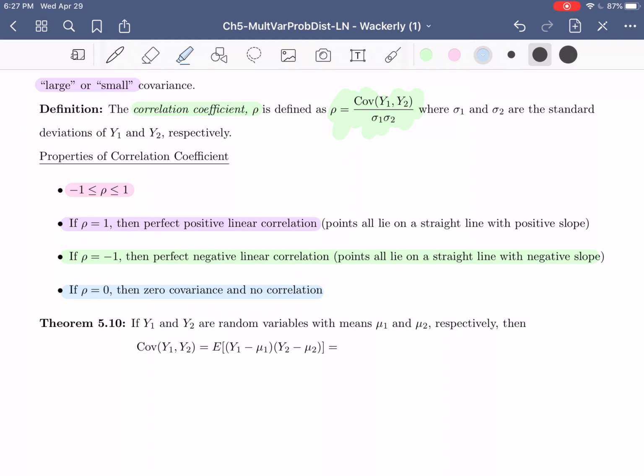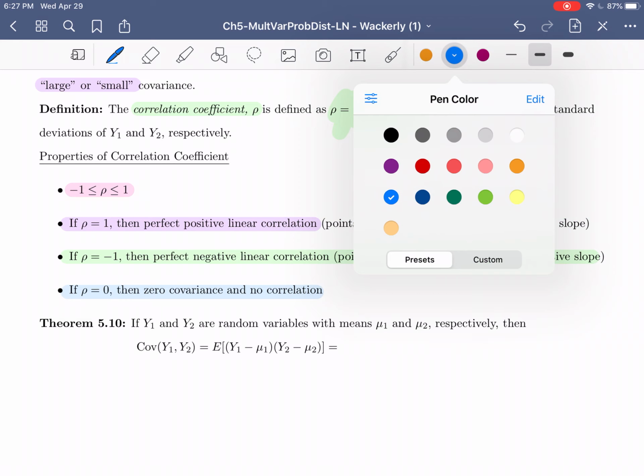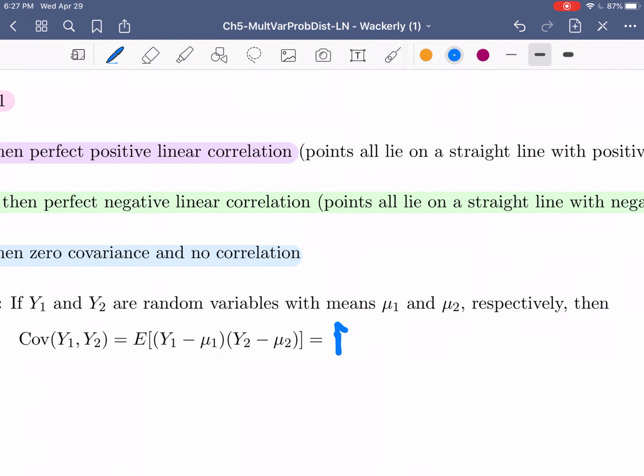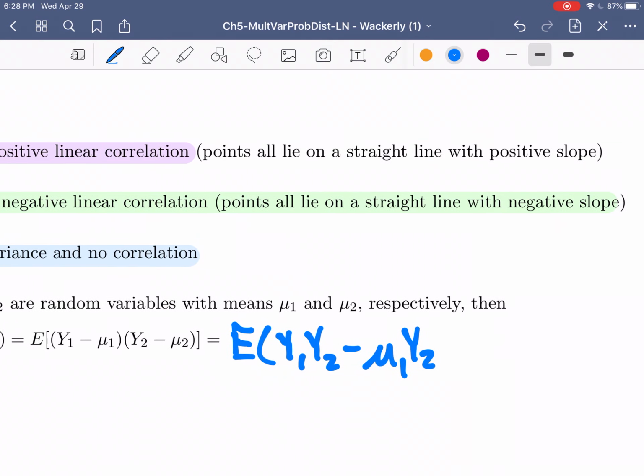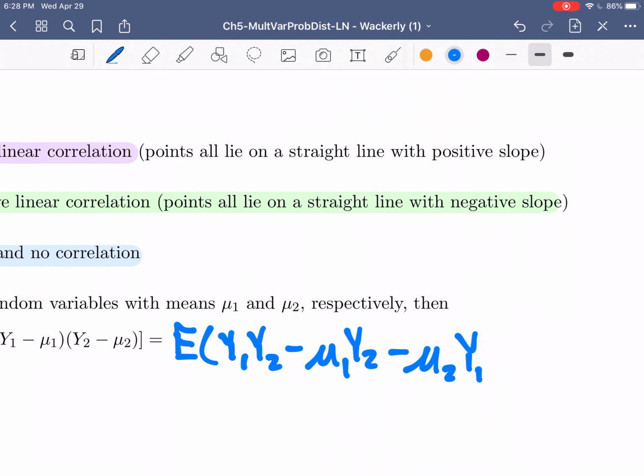Well, we could FOIL that out, and so we could say it is the expected value of y1 y2 minus mu1 y2 minus mu2 y1 plus mu1 mu2.